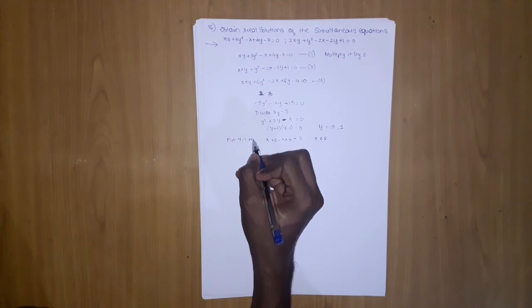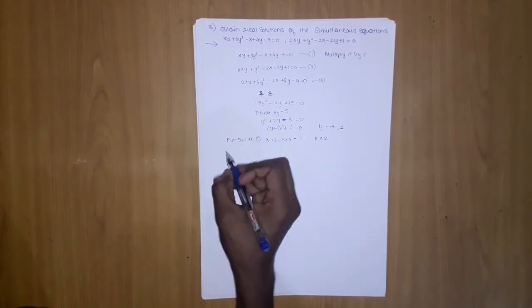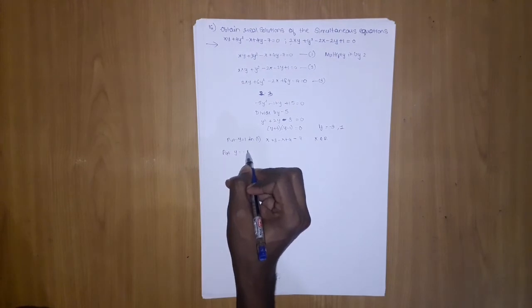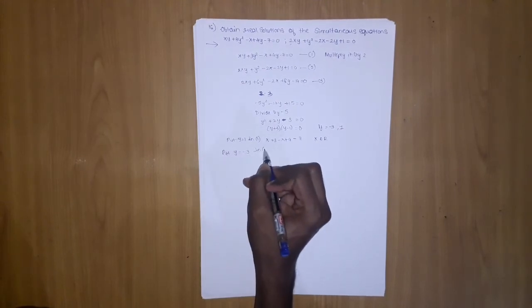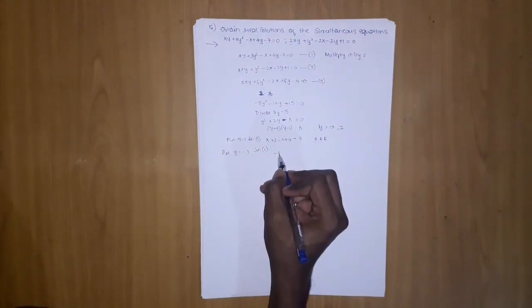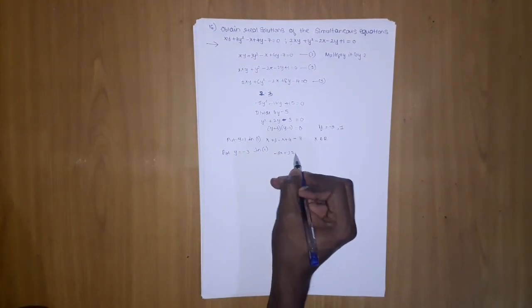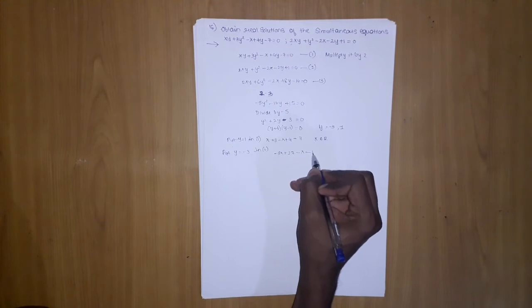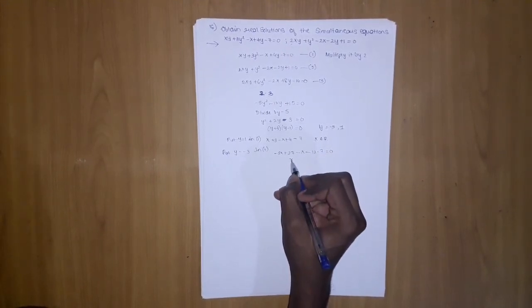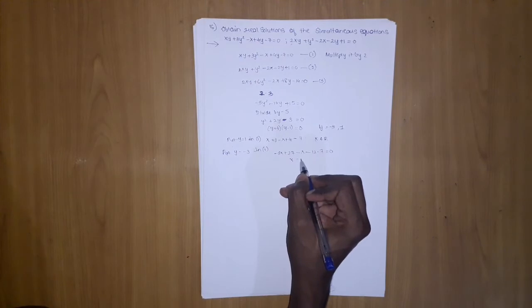Now put y = -3 in equation 1. What are we going to get? -3x + 27 - x - 12 - 7 = 0. So we are getting x = 2.